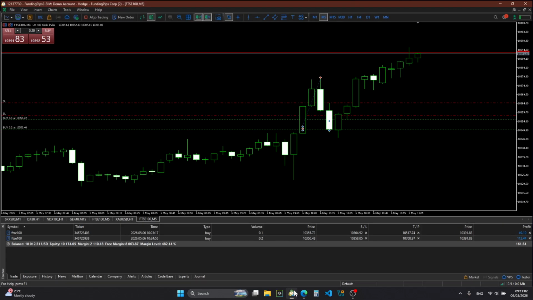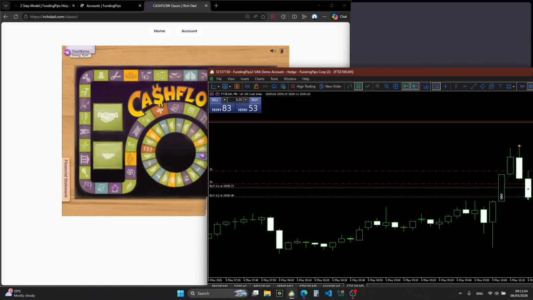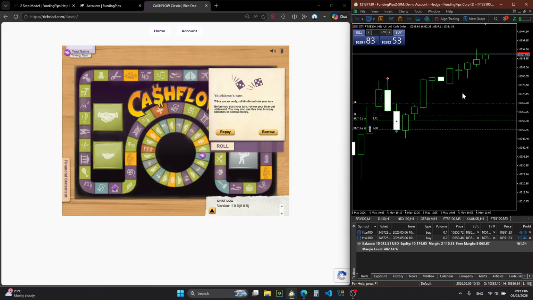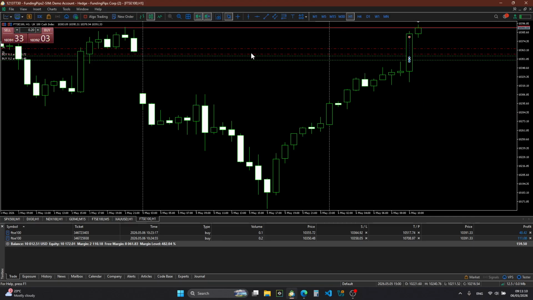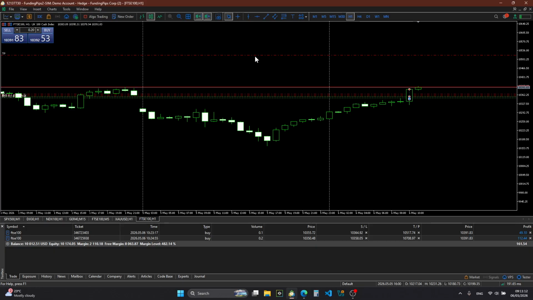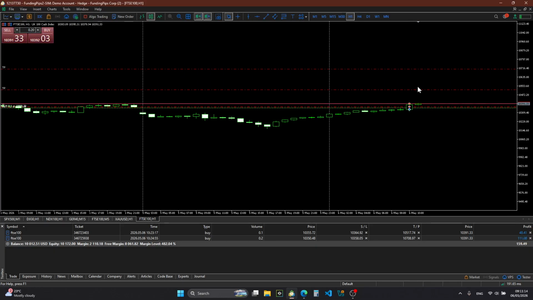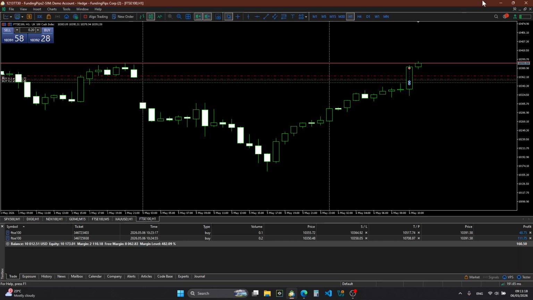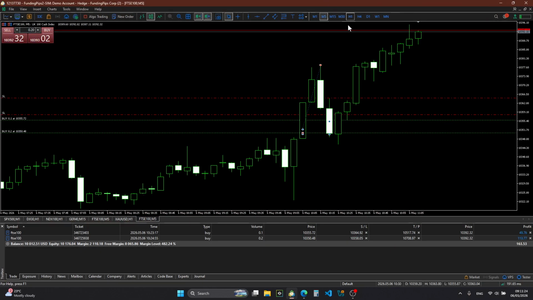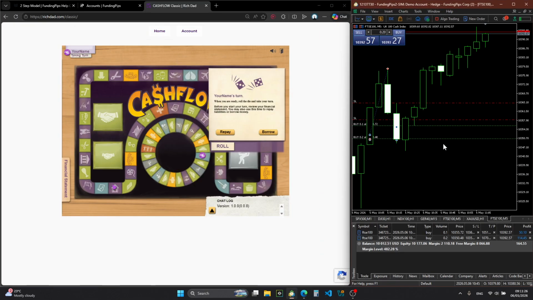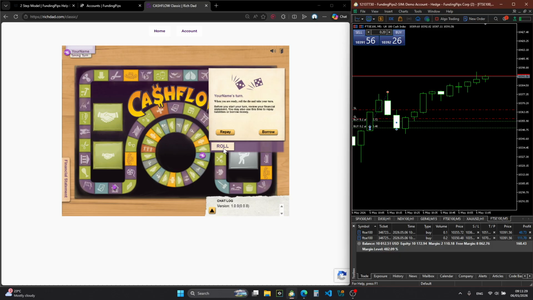Worst case is 32, 30, 32. Best case is here, 8. 20. Anything can happen. I have seen it go all the way up. So I'll just wait this round.